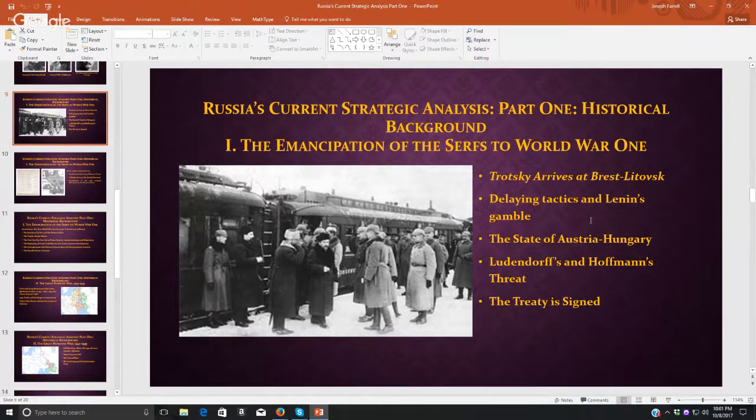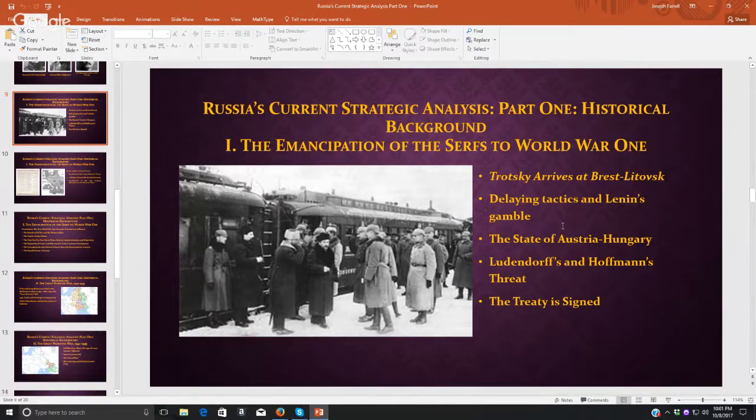The non-Austrian or non-German part of the Austrian Empire is increasingly demanding much more independence and autonomy from the imperial government in Vienna. So even the Austrian military is beginning to get very, very rickety. And again, Lenin knows this. So prolonging the war continually weakens the state of Austria-Hungary.